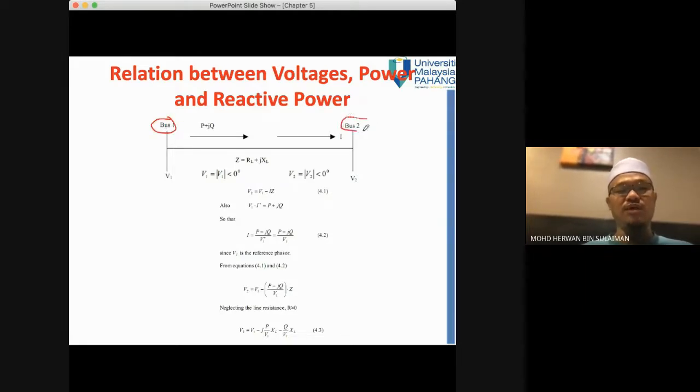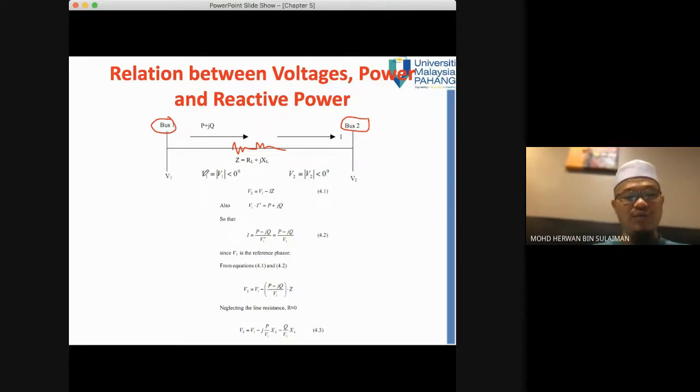This is the receiving bus. And then we have the transmission line here, with your R and X. So Z is equal to RL plus jXL, and L is not load, it's line. We have our voltage V1, magnitude and angle, and we have voltage V2 at the receiving end.